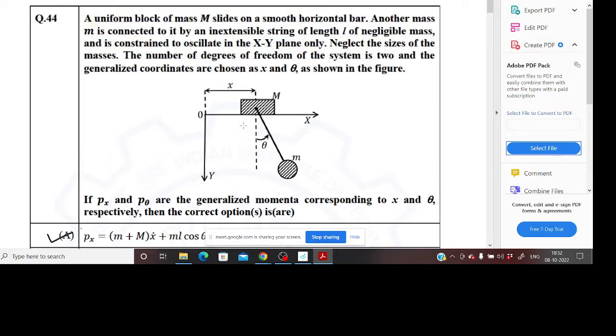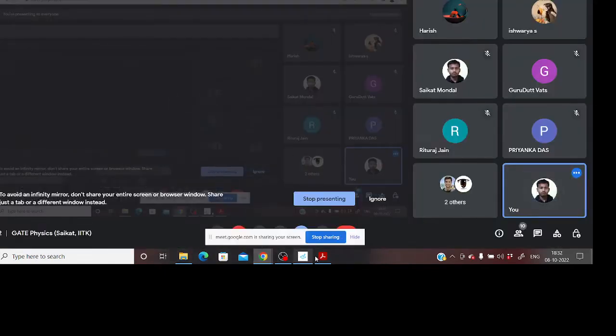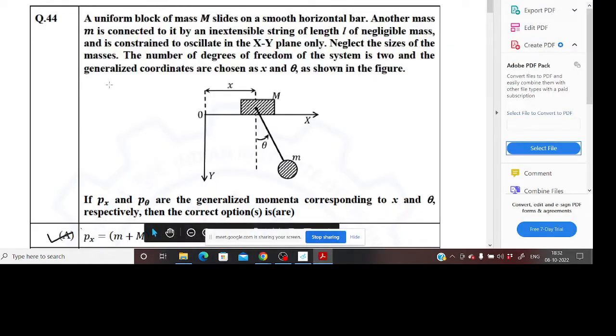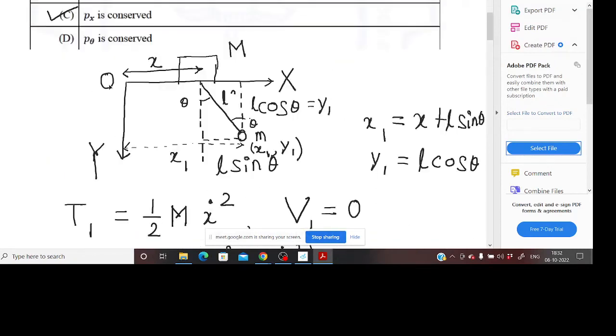Okay, so we are discussing this question, right? Here there are two independent coordinates, x and theta. So there are 2 degrees of freedom, right?